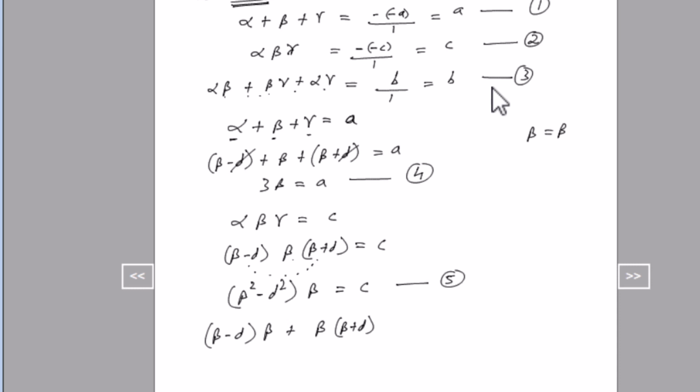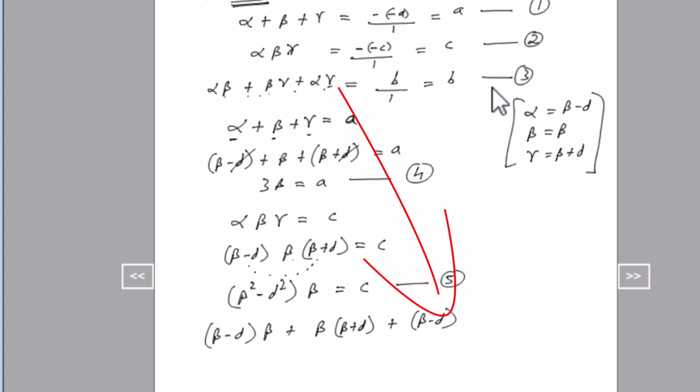Beta as it is, alpha as beta minus d, and gamma as beta plus d. So we have beta minus d into beta, plus beta into beta plus d, plus beta minus d into beta plus d, which is equal to b.